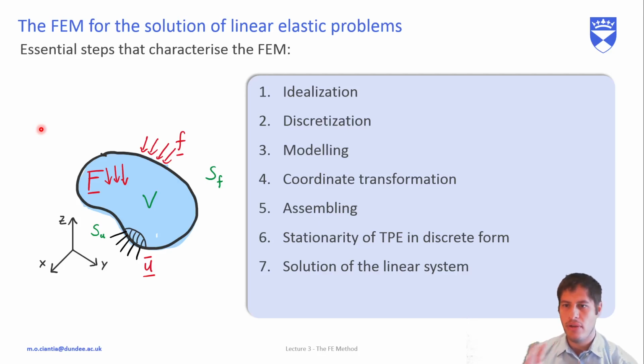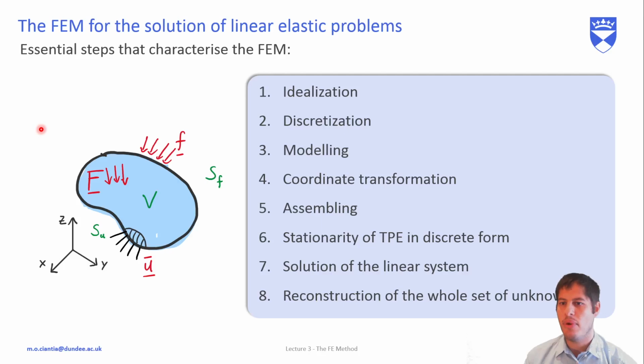To solve it, we need to play a little bit with the matrix, because you will see some nodes are free, some are not, because there are boundary conditions, etc. Once we have the solution of the system, we can reconstruct the whole set of unknowns: stresses, strains, and displacements. So let's see each of these points one by one. And so open your ears and follow properly, because this is sort of the core of this module.